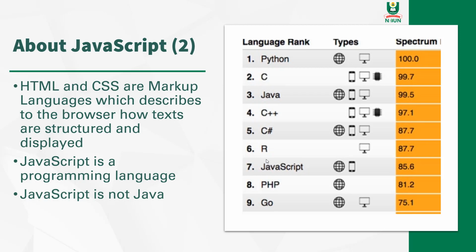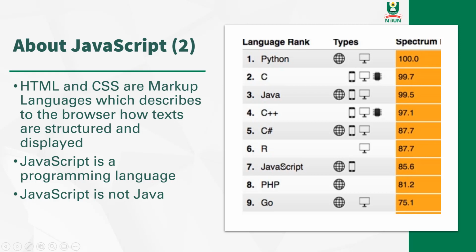Now, if you search around the web, you will see that JavaScript is even ranked among the most popular programming languages you have today. So, for instance, a recent review rates Python as the number one most popular language, or language that people like to learn. You have C, you have Java, C++, C#, R, and then here you have JavaScript at number 7.